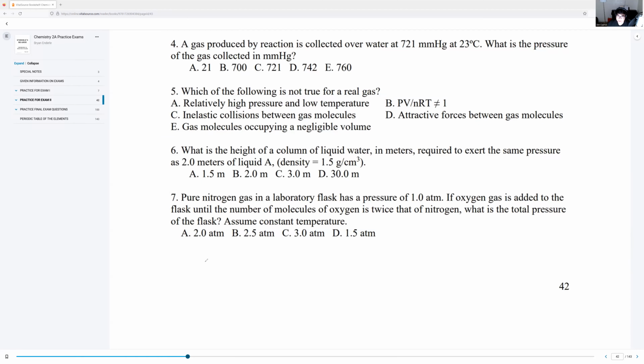Okay, so we know that the total pressure is equal to the combined partial pressures. Now, we know the pressure of nitrogen is equal to 1 atm. Now it says oxygen was added to the flask until the number of molecules of oxygen were twice that of nitrogen. What does that mean?